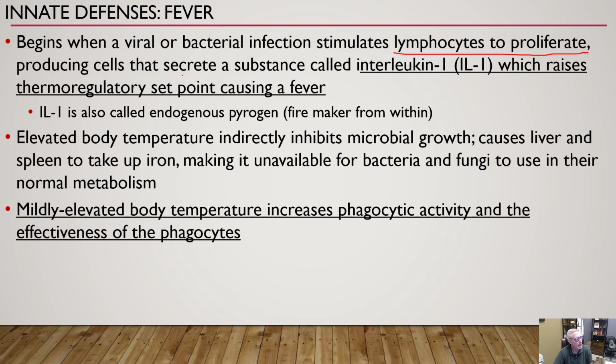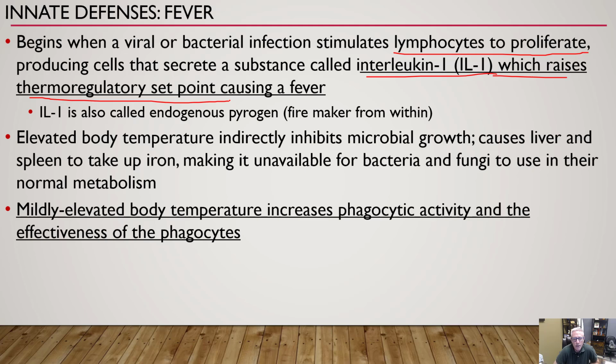And it's because of the substance called interleukin 1, or IL-1, that raises our thermoregulatory set point, which causes the fever. So our thermoregulatory set point goes from 98.6 up to, let's say, 101.5, and now we have a 101.5 fever. This interleukin 1 is also called an endogenous pyrogen, or fire maker from within. Pyrogen means fire maker, and endogenous is within.